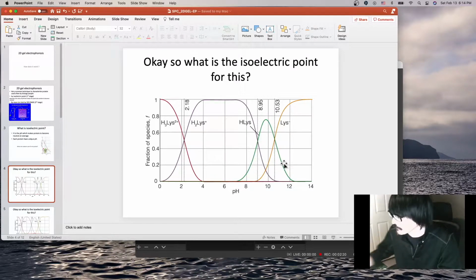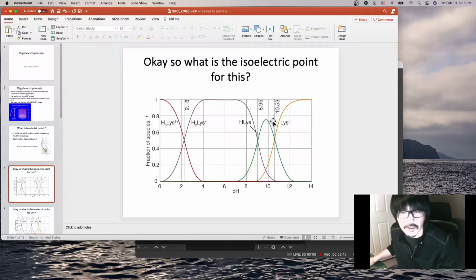Out of this, you're looking for the point where the average charge of this protein makes this protein completely neutral.